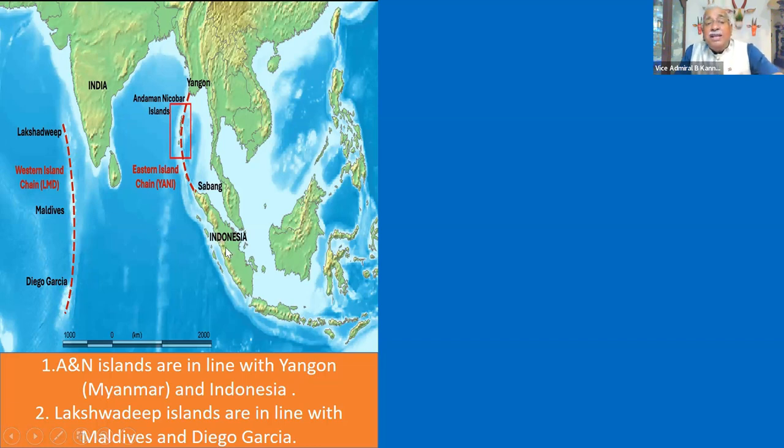On the east side, Indonesia is on that line, and many other islands after that. This has happened because when the Earth was formed, due to movement of the Earth's plates, the islands got formed. Small fragments came out of the mainland, but they all came in one line for us, one line of the east and one line of the west.